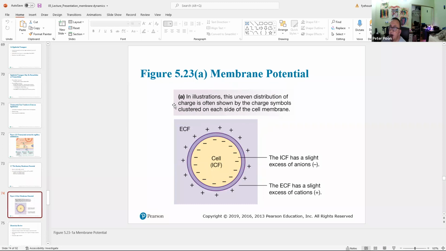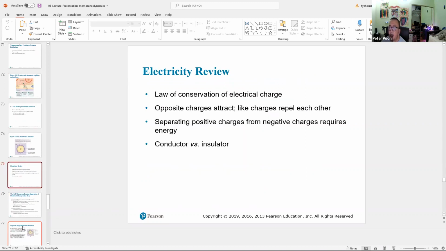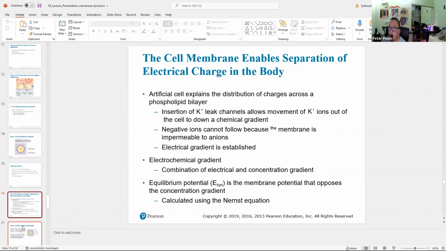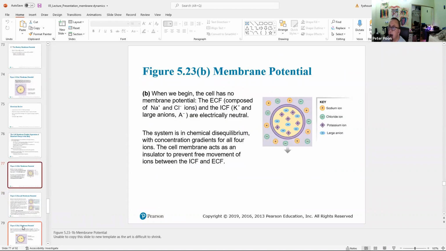So here you go. This is the membrane potential. There's positive charges on the outside, negative charges on the inside. This is the normal cell, the default cell.